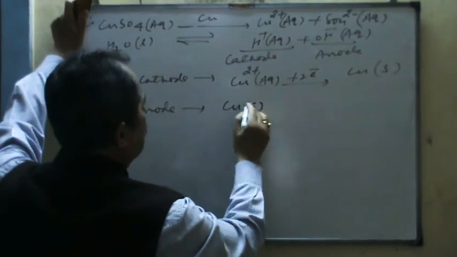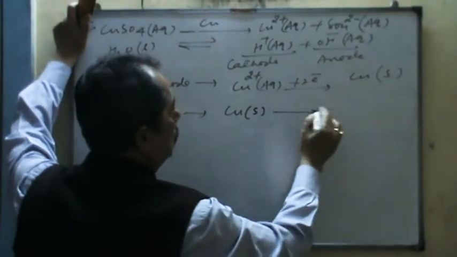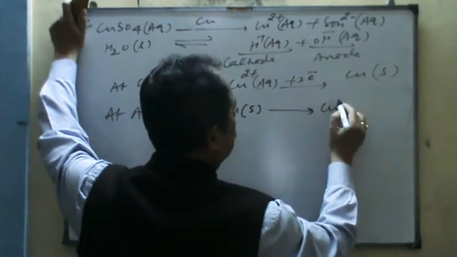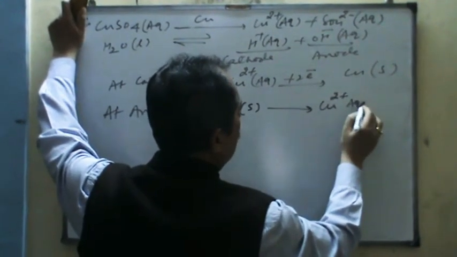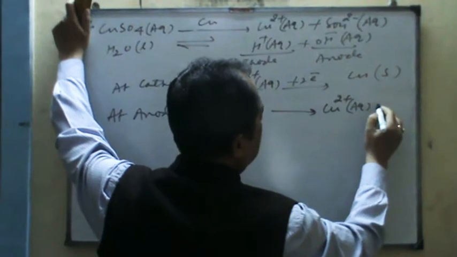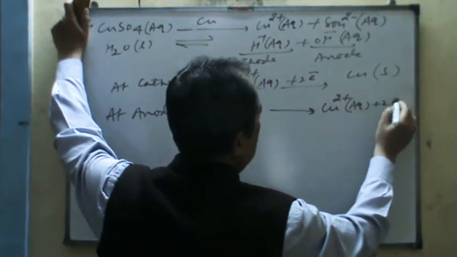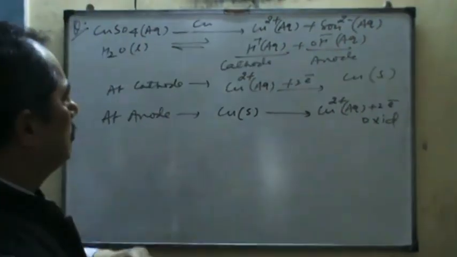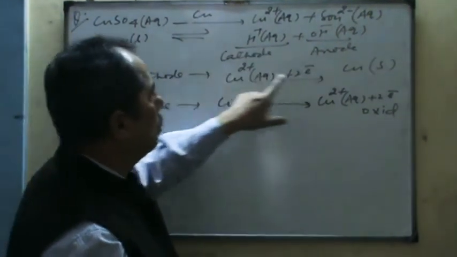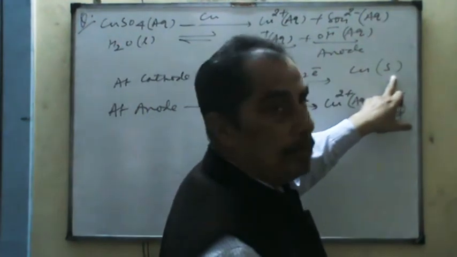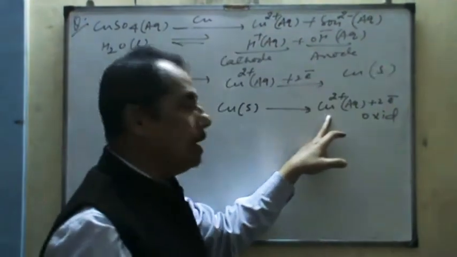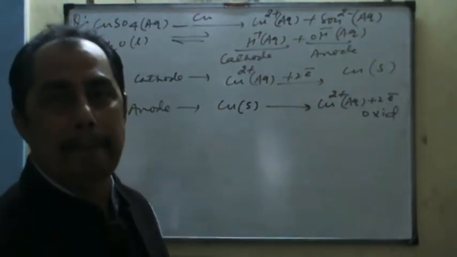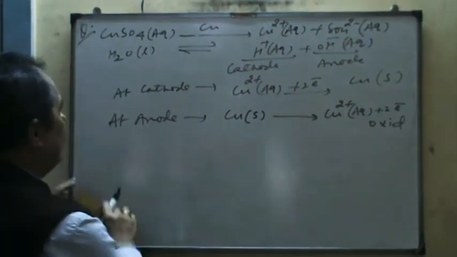Copper is in the solid state here, so it will lose 2 electrons and go into aqueous Cu2+. It is oxidation. So the difference is, at the cathode, solid copper is deposited, but at the anode, copper goes into solution as aqueous copper ion. Is it clear to you?